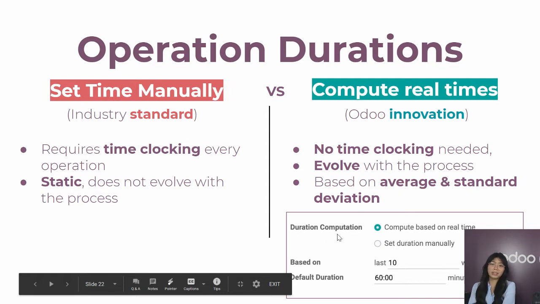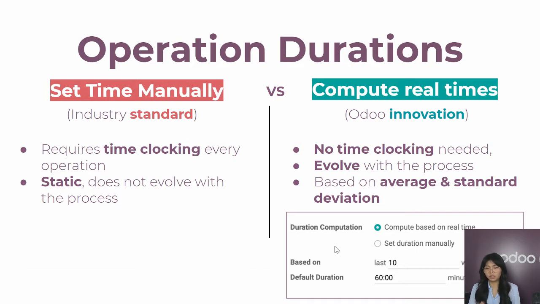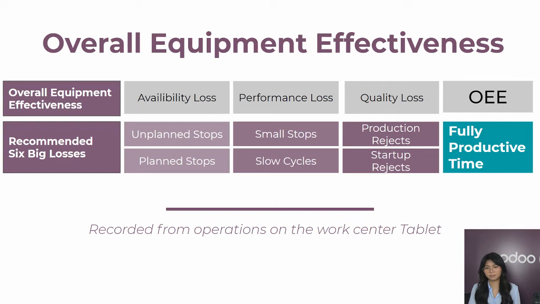So, ito yung makikita natin later on. Dito sa aking lower right, makikita nyo sa screen na meron kang duration computation. So, pwede mo siyang iset again manually. So, compute based on or set duration manually. Or pwede mo rin siyang i-compute based on real time. So, kapag madami ka ng mga work orders, marami ka ng mga manufacturing processes, mas magiging madali at mas magiging intelligent yung ating system.